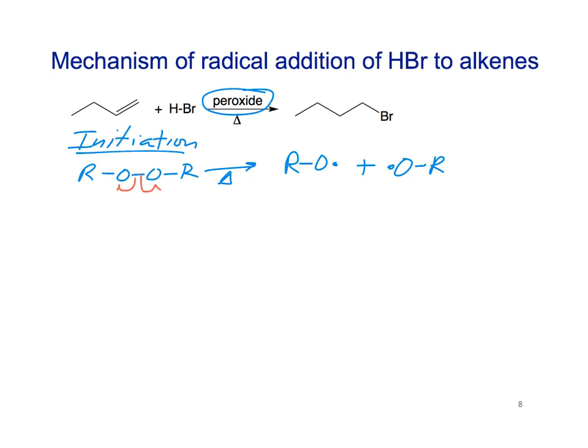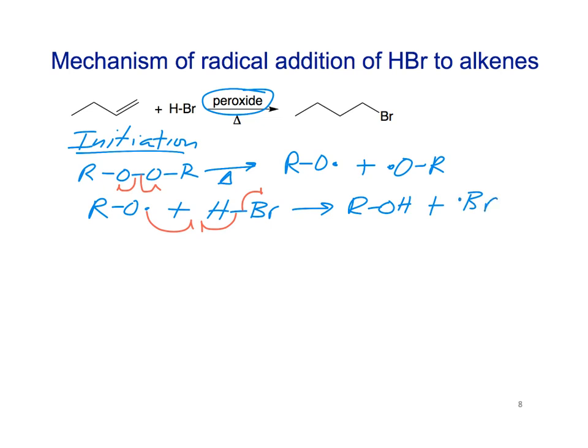Okay? But the initiation really doesn't stop here. We have to have another initiation step because the initiation isn't going to be finished until we create a radical that's involved in the chain reaction of propagation. And so what's going to happen is that this oxygen radical reacts with HBr, pulls off this hydrogen atom, and forms an alcohol plus the bromine radical.